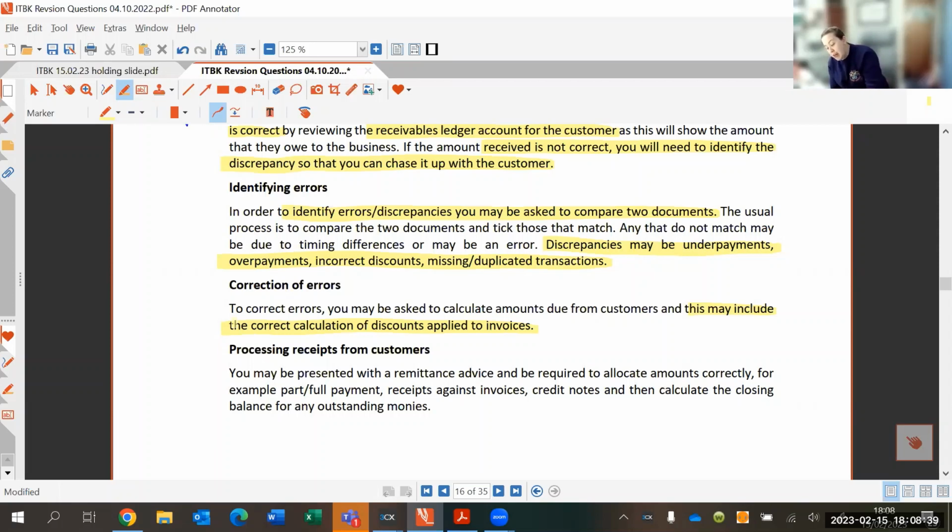The other thing that you might be given is a remittance advice that's only got partial information on it. They might just say we've paid £2,000 in full receipt of our account, and then we might have to allocate those amounts correctly.